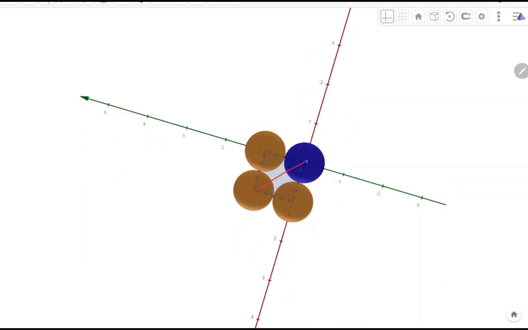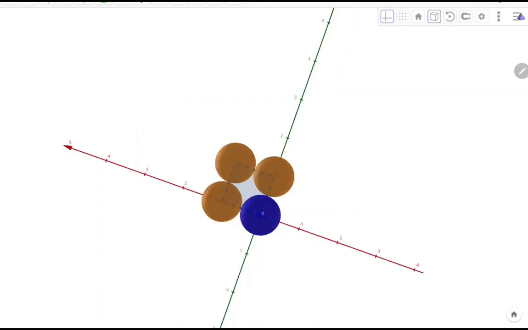Again, 1, 2, 3, 4. Now let's summarize. In the xy plane we have 4 second nearest neighbors, in the yz plane 4, and in the xz plane another 4. 4 plus 4 plus 4 is equal to 12. So the second nearest neighbors in the simple cubic crystal is equal to 12.